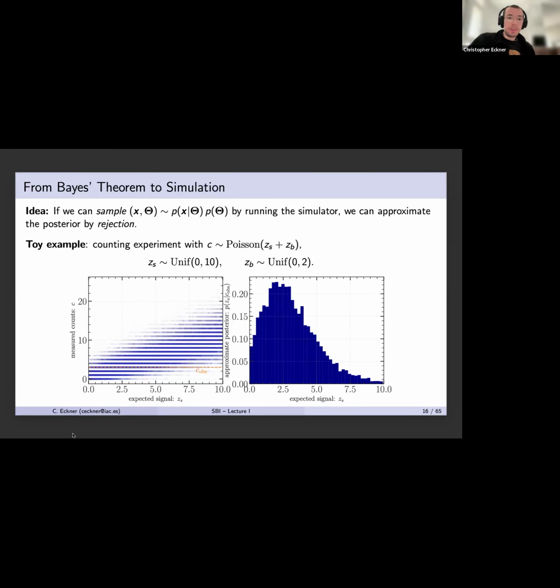So let's say you do this as a time series, you measure 1 day, and in 1 day you get a certain number of counts, and you do this repeatedly over many days, and you get this particular statistics. Now, you can simulate this with your prior belief that my signal component is between 0 and 10.